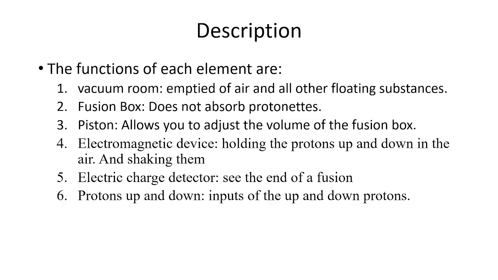Electromagnetic device, holding the proton up and down in the air and shaking them. 5. Electric charge detector, to see the end of a fusion. 6. Input of the up and down protons.